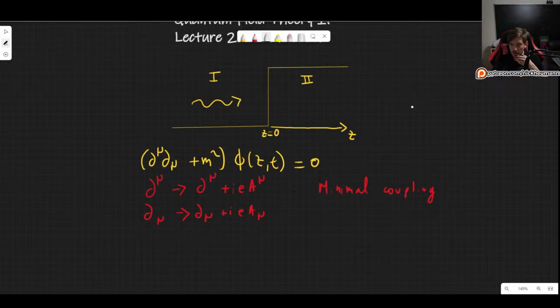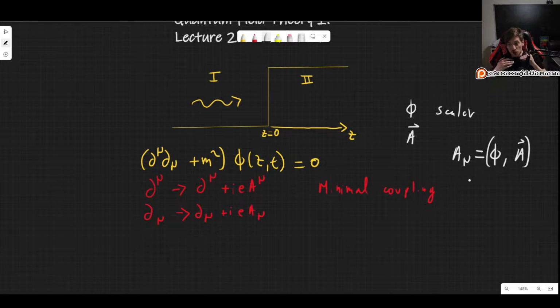We had two interesting quantities in electromagnetic theory: the scalar potential phi, and the vector potential A. We can build a 4-vector by defining A mu as phi comma A. This 4-vector will show up all the time when we deal with anything that is remotely electromagnetic, so it is a very important 4-vector. Of course, the contravariant vector would be phi comma minus A.